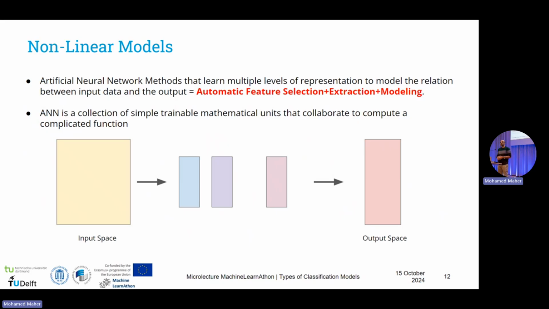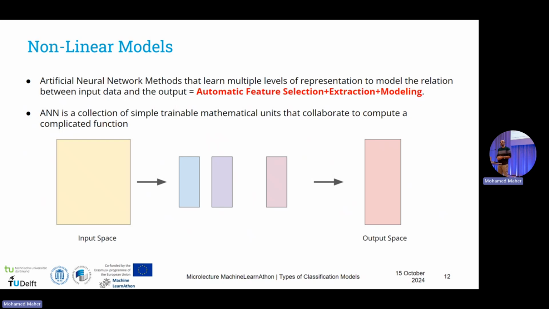Finally, we have artificial neural networks, which try to learn multiple levels of representation to model the relation between the input space that we have and the output. What characterizes artificial neural networks and deep neural networks is that they perform automatic feature selection, extraction, and modeling, not just modeling.